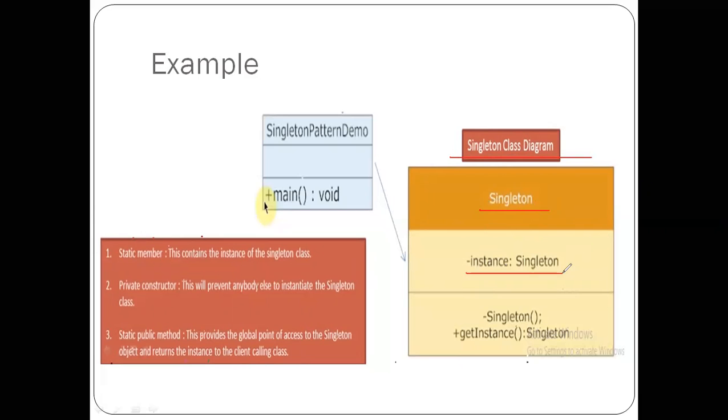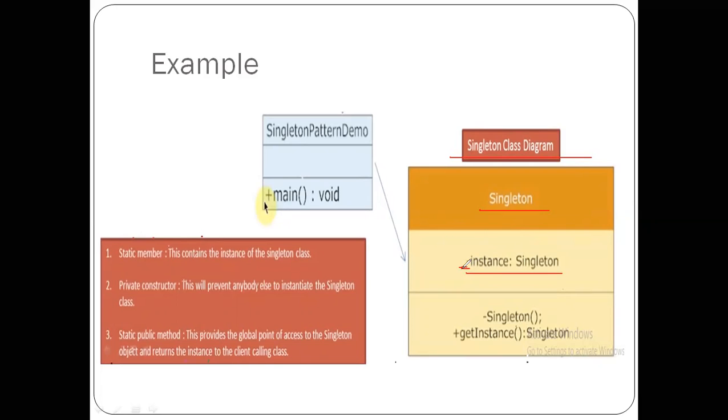How many instances are there here? Only one. And this instance has a symbol. What is this symbol? A minus symbol. The minus symbol indicates it is private.